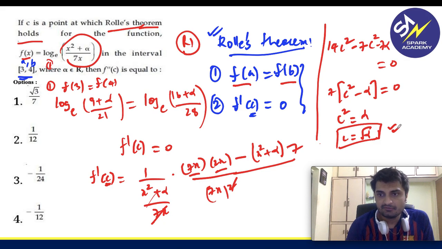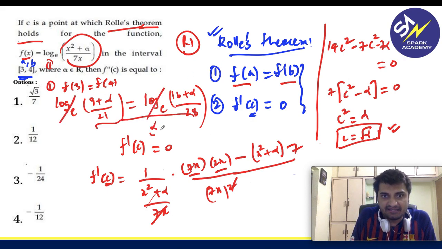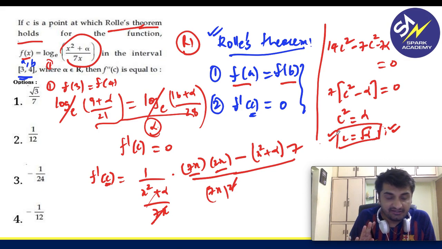Understood, right? So how will you get alpha? Alpha you'll get from here. Just simplify, and you will get alpha. That alpha, just substitute, and you will get f dash c equal to 0. So f dash of c is 0, so you're getting c, right?